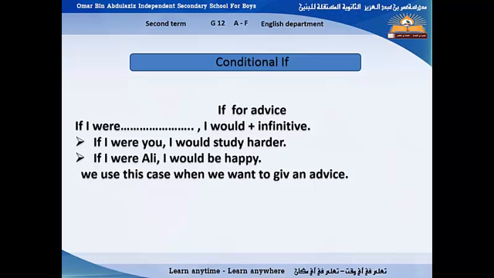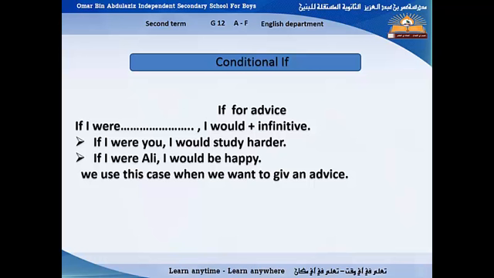If I were you, if I were in your shoes, I would do so and so. Let's have an example here. If I were you, I would study harder. So I'm advising this guy to study harder. It means I'm telling him you should study harder.